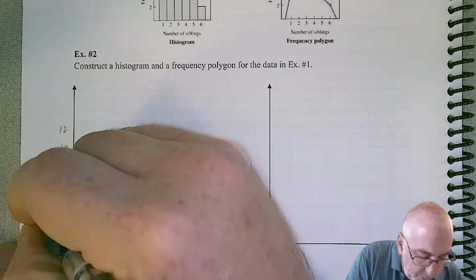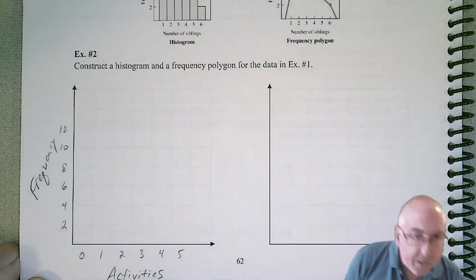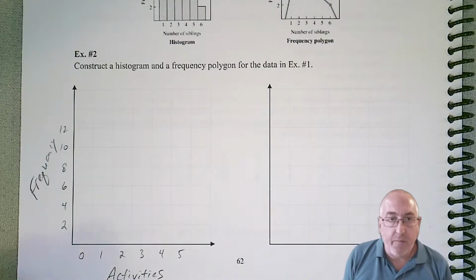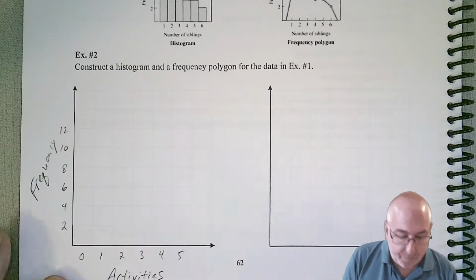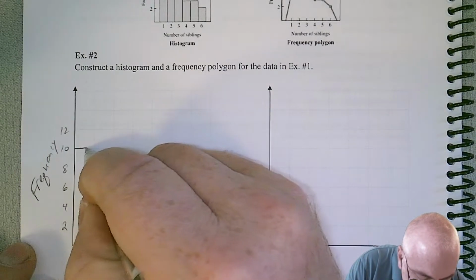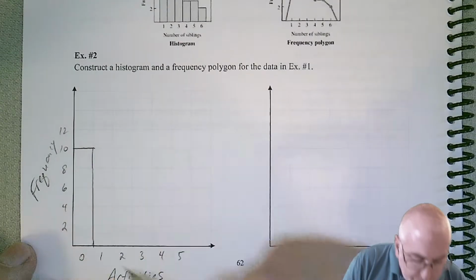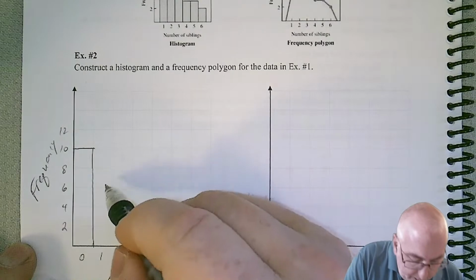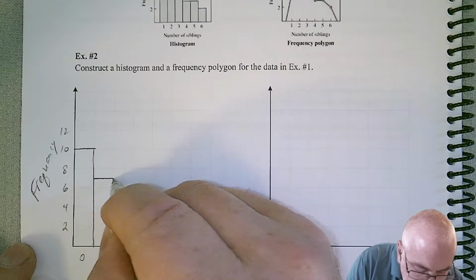Now we don't need to go all the way up. So we have our frequency on the vertical side. Now all that's left to do is just to draw those bars. First bar goes up to 10. Not too bad. Second one is going to go up to 7, so we want to be halfway in between.